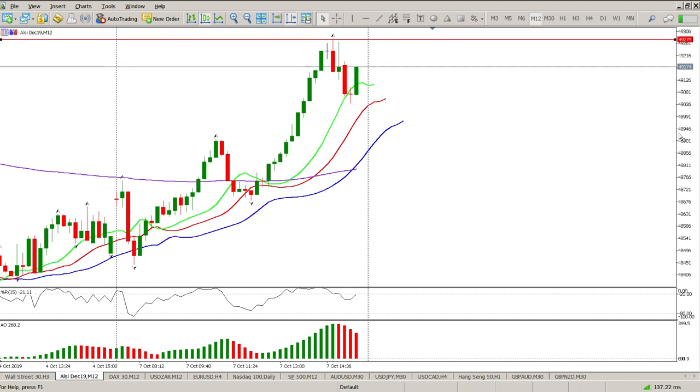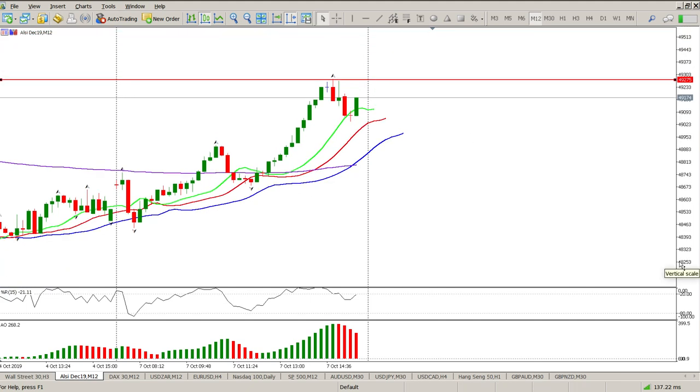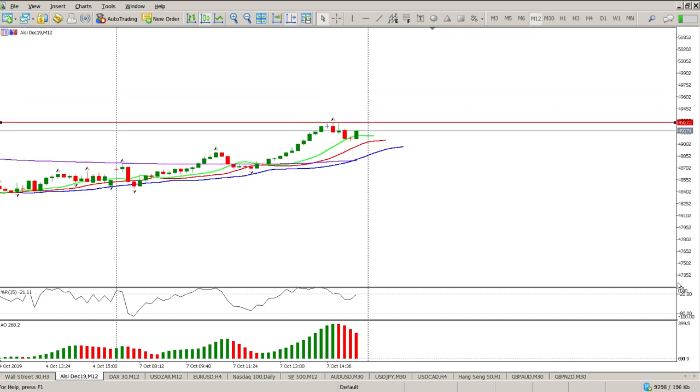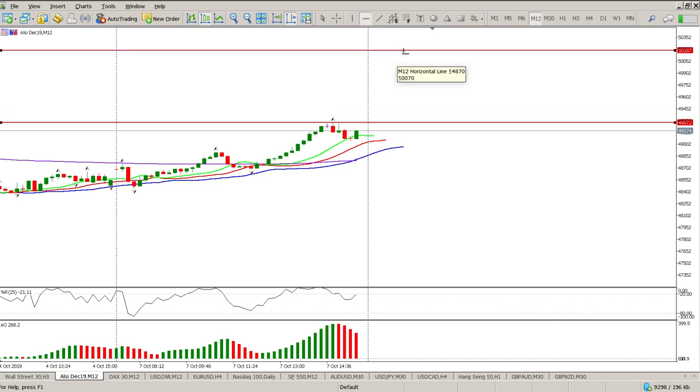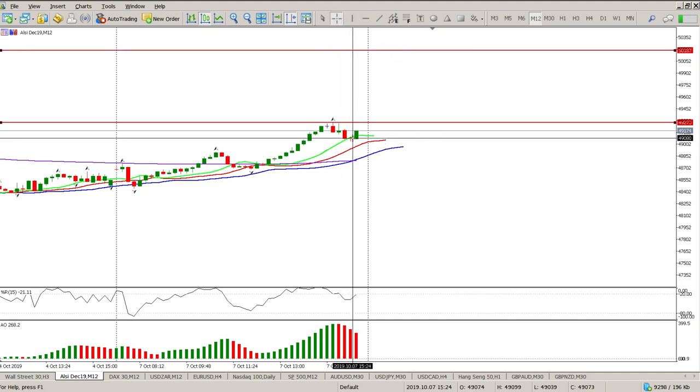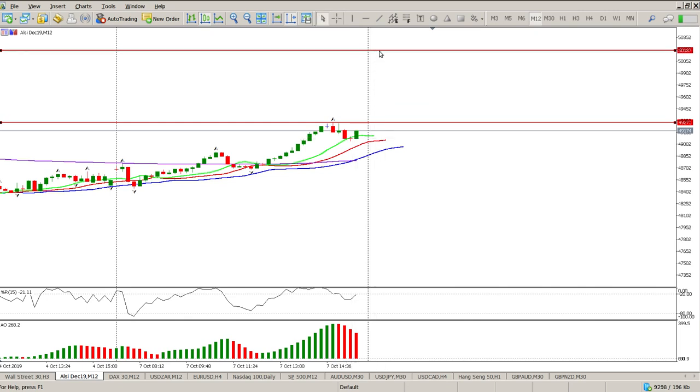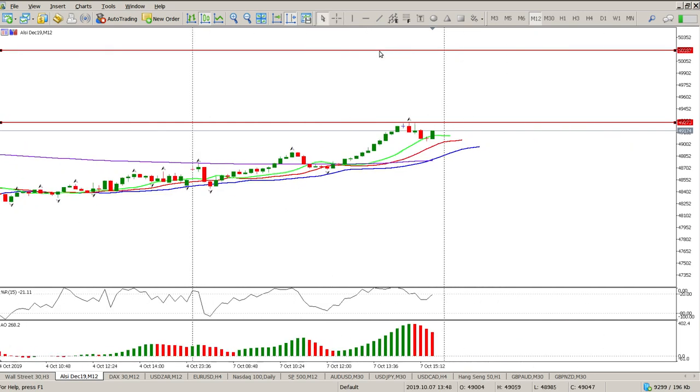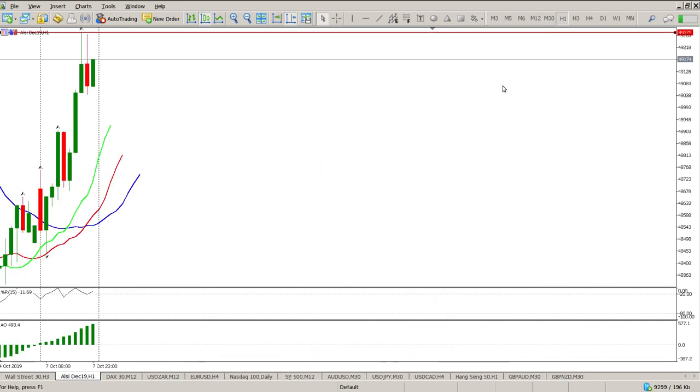Okay, but for me at the moment, I think it's still long, and it wouldn't surprise me if we start looking for 50,000. It's 1,100 points away, but that seems to be the most logical choice at the moment.